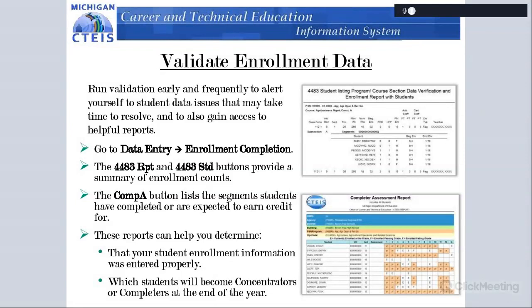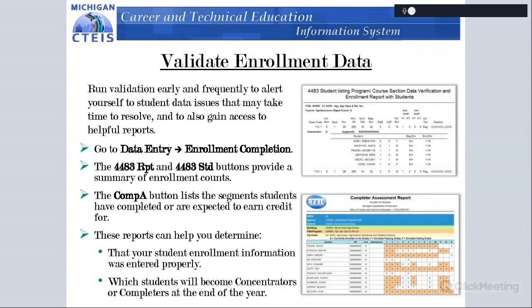But right now, you can look at this information because it is up. You go to data entry, and then you can click on enrollment completion, and that's where you will see this information for validate enrollment data.